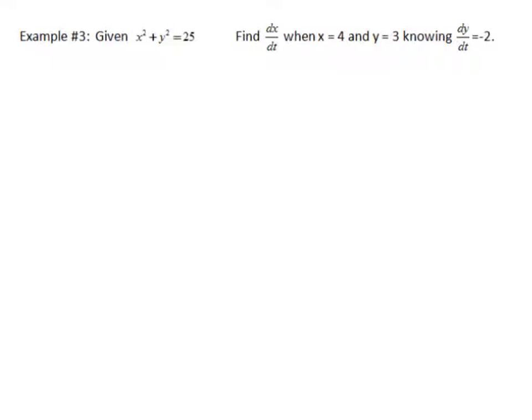So you can almost imagine a point moving around that particular circle, and we're going to look specifically at when x is equal to 4, what the value of dx dt is, and I'm going to give you another point that y is equal to 3 at this time, and knowing that dy dt is equal to negative 2. So why don't you give this one a shot and see if you can find dx dt under the given conditions for this function.